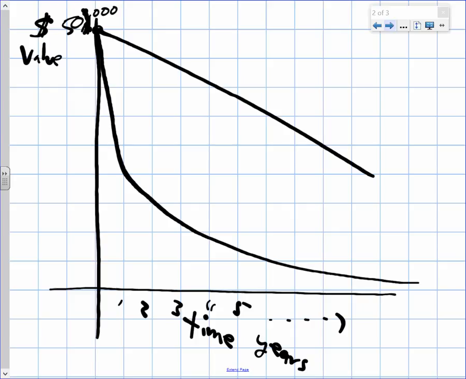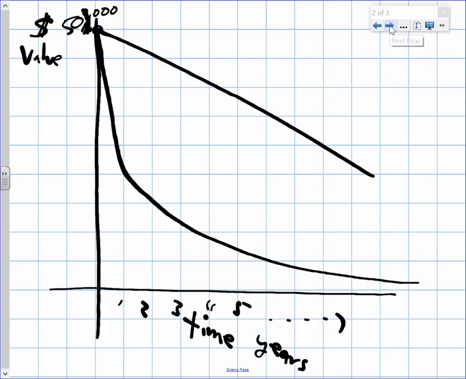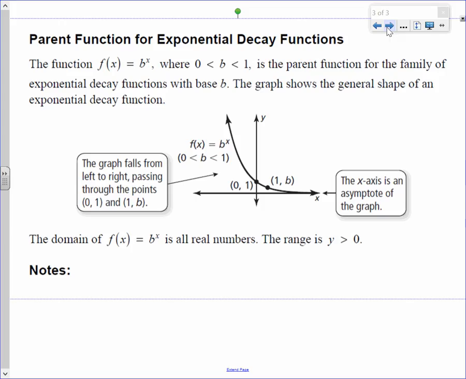You see. So these kinds of functions are called exponential functions. And they look like what you see on your paper. We call them exponential growth, and if you flip your paper on the other side, just flip it really quick, you have exponential decay.